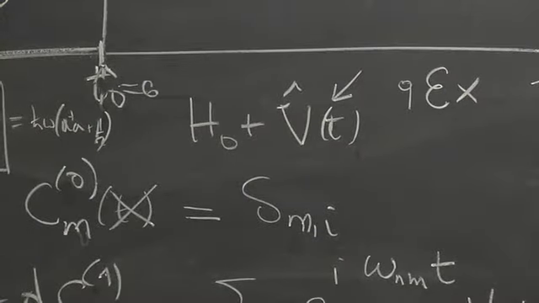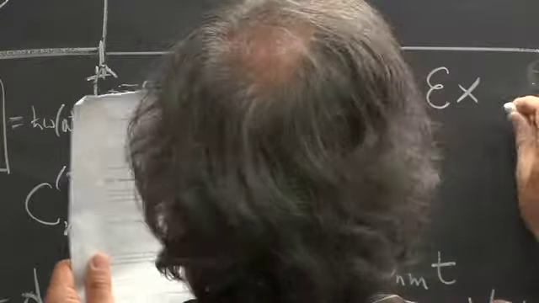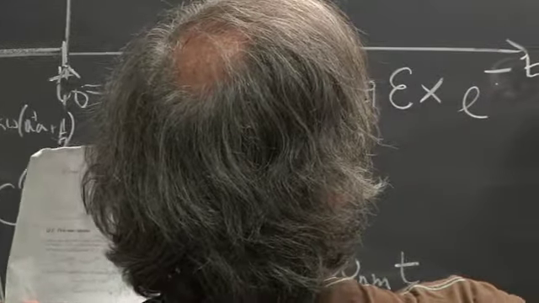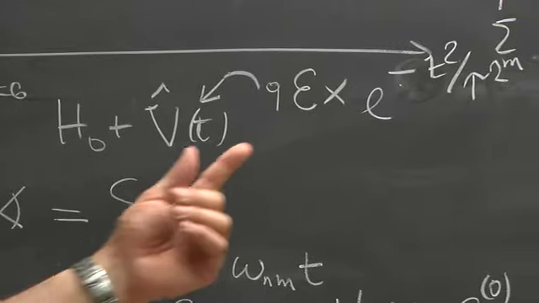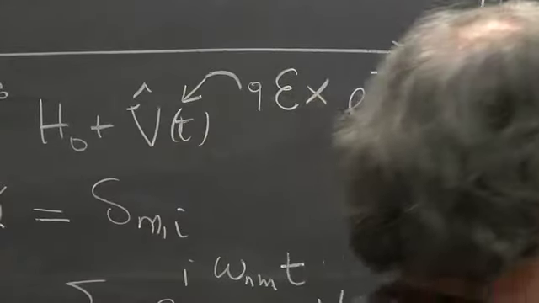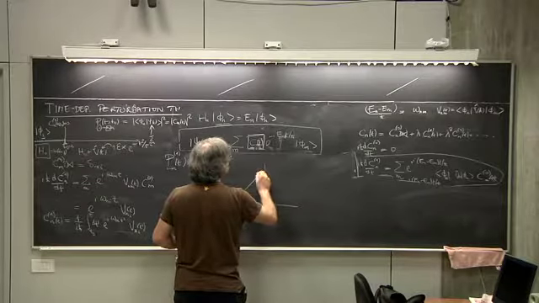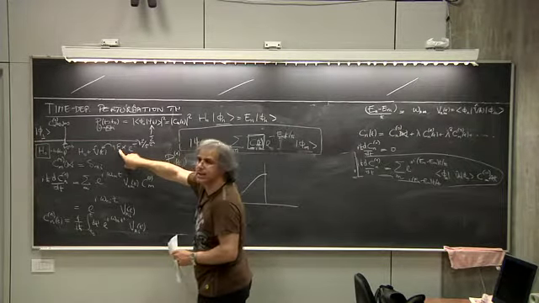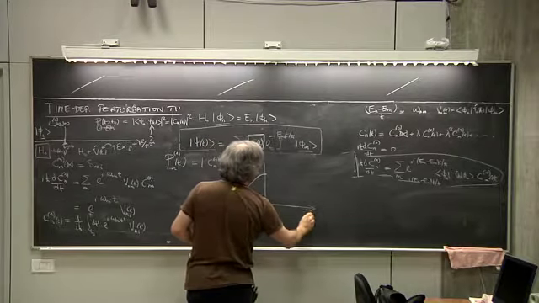We did this. However, in this case, I want a time-dependent case. Therefore, I just put e to the minus t squared over some tau square. What does it mean? It means that there is a certain time scale tau over which I turn on the field, okay, which reaches its maximum value, E, at time t equals 0, okay?